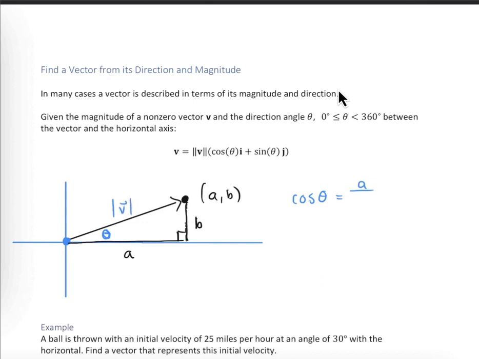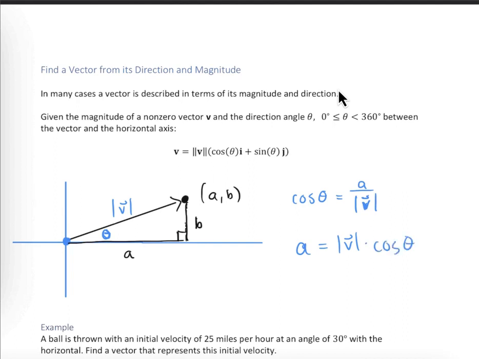And this is so that all the lengths of all the sides of my triangle are scalar quantities, right? They're all lengths represented by real numbers. And so we've got mag v as the length of the hypotenuse. Well, that's going to give me that the a quantity, or the horizontal component of my vector, can be rewritten as mag v times the cosine of theta if I just multiply both sides by mag v.